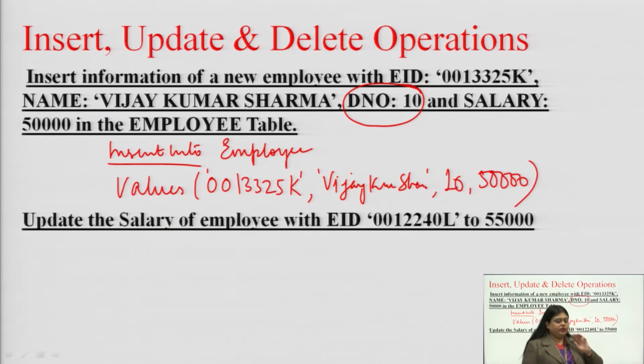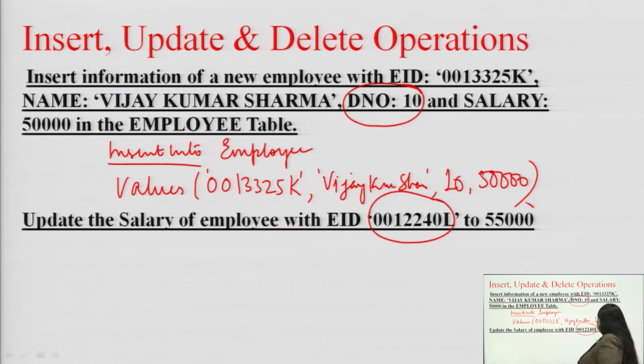So, over here you can see that the query has been specified, which says update the salary of the employee with this employee ID to this value, right. The condition has also been specified that the salary of that employee has to be updated whose employee ID is this. So, how will we do it?